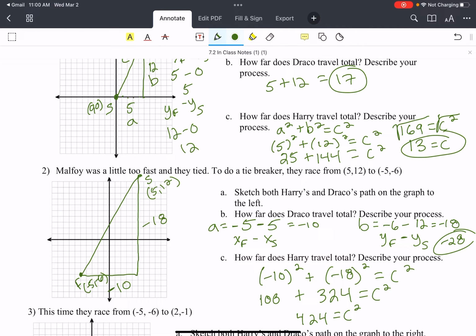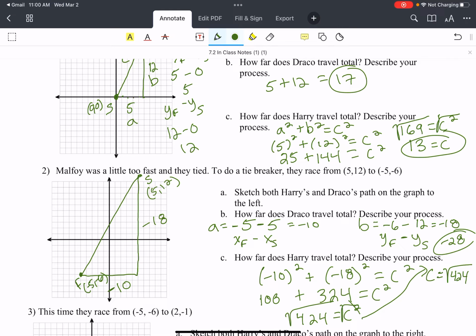My bad. I always forget that. Careful. The fact that he got 20.55 tells me that it's not a perfect square. So we're going to have to review factor trees.